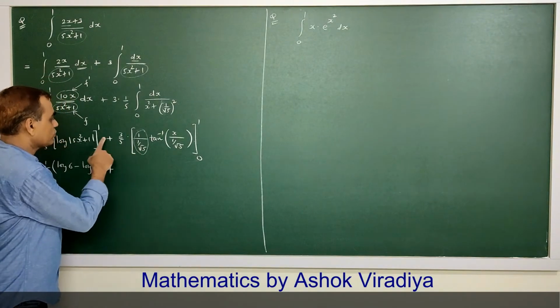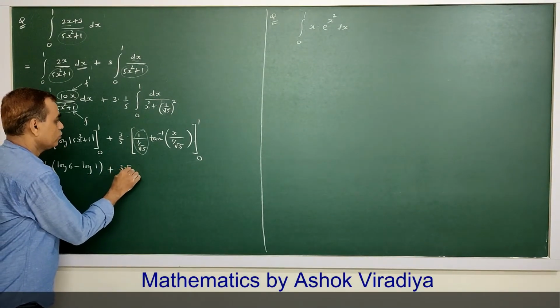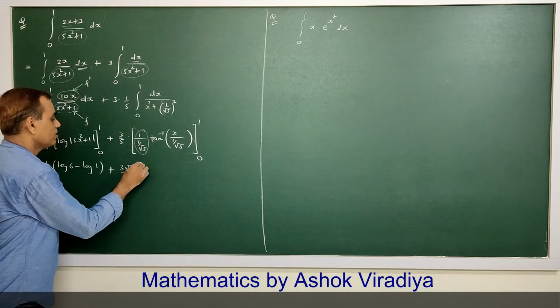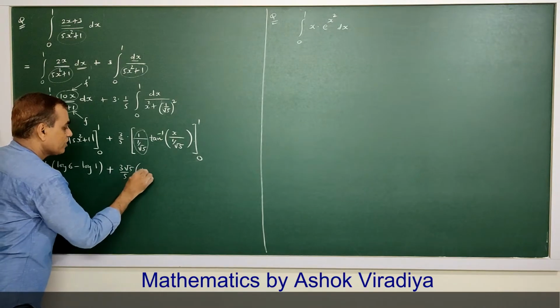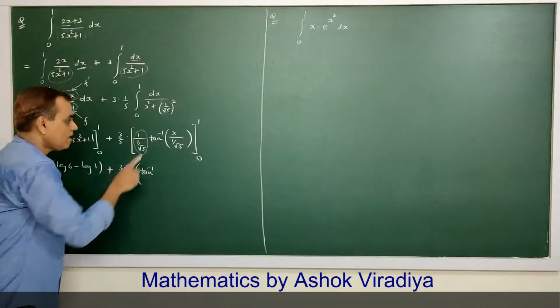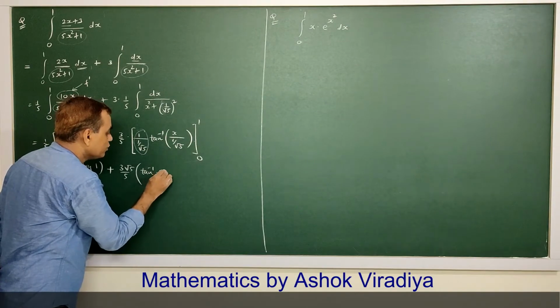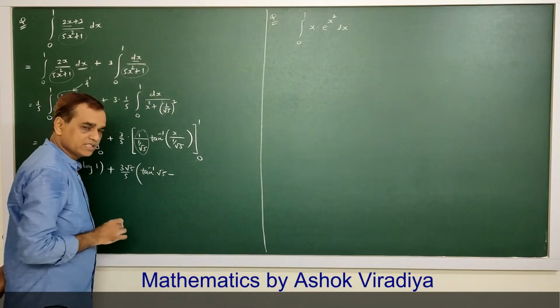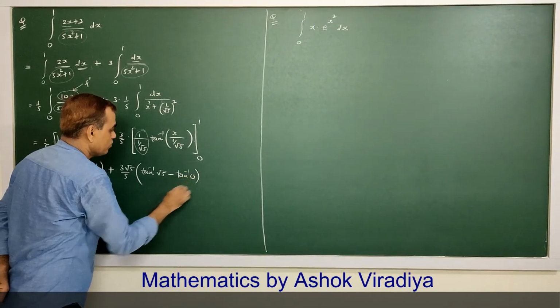So this comes outside, so it will be 3 root 5 by 5. Now upper limit minus lower limit, so tan inverse, put here 1. So 1 upon 1 by root 5 is root 5, minus, put 0, so tan inverse 0.